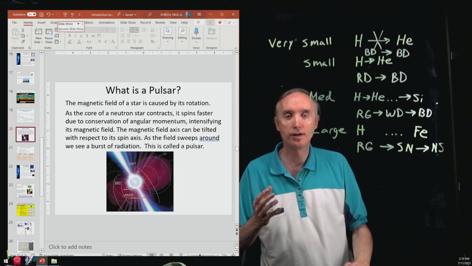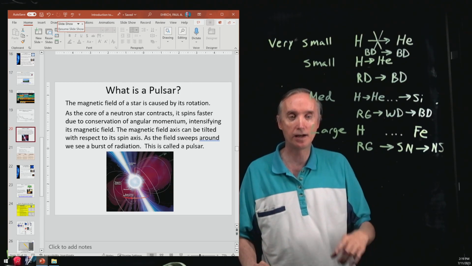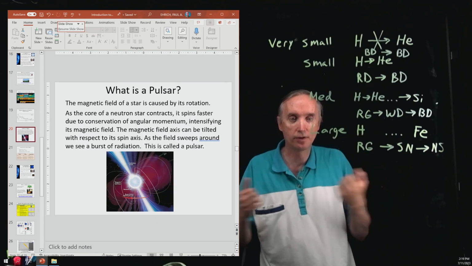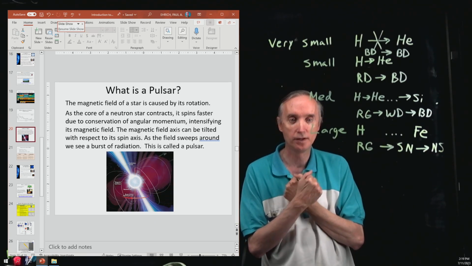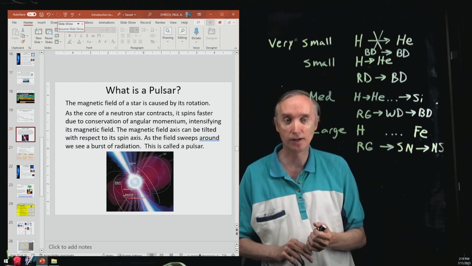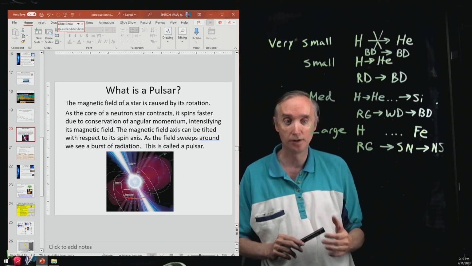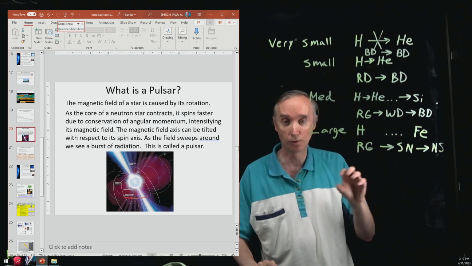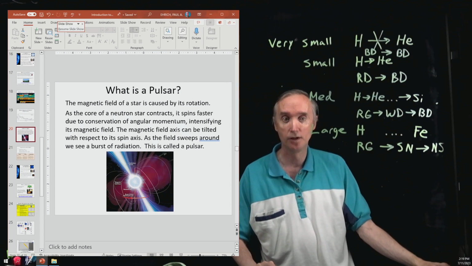Okay, think about what an ice skater does. An ice skater is going around at a certain speed, and then they bring in their arms. What happens? They speed up. And that is because of conservation of angular momentum. So if the radius gets smaller, the speed has to get bigger in order to compensate.